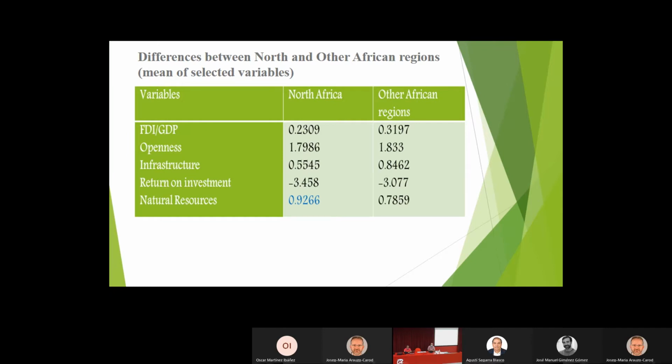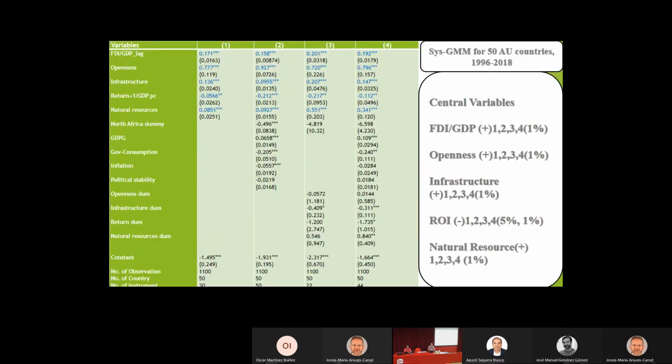We have chosen just five very important variables. Comparing them, we see only natural resources is higher compared with other African regions. Openness, infrastructure, and return on investment are just different.